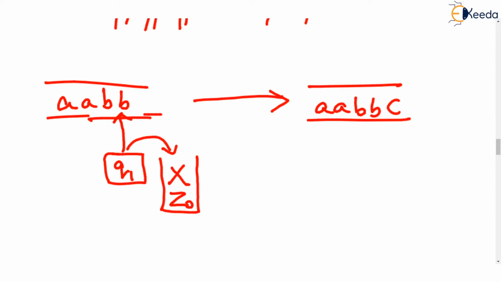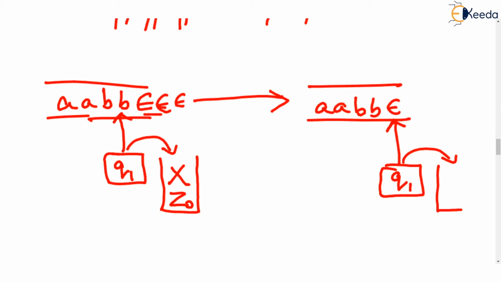Notice after this last symbol there is a null string. So now the PDA has moved its read head to epsilon and the machine is still in Q1 state, but the stack now has only Z0.